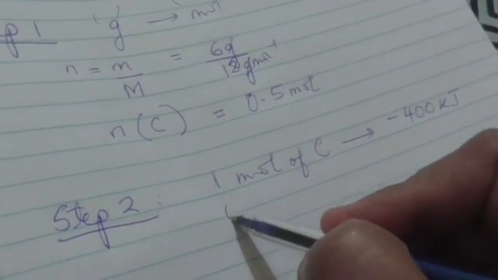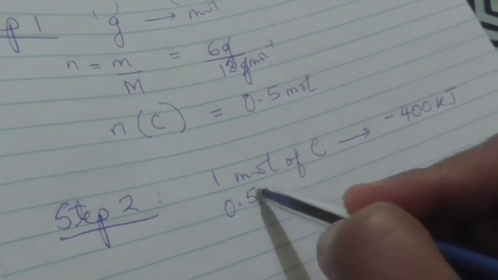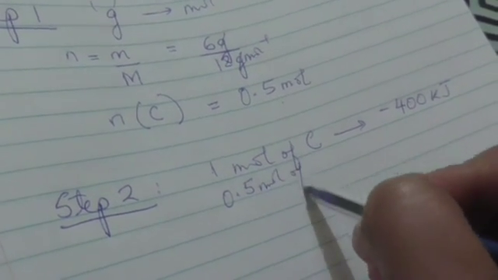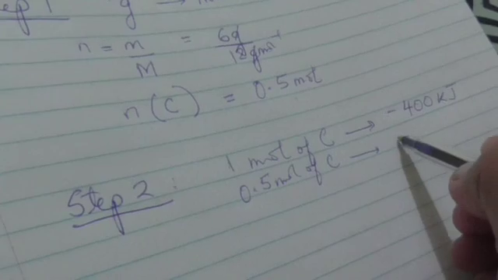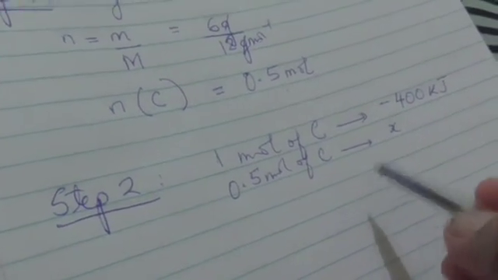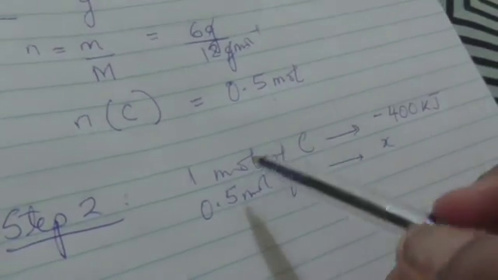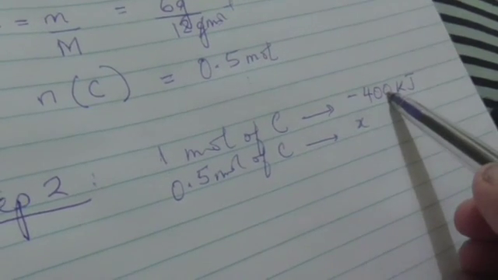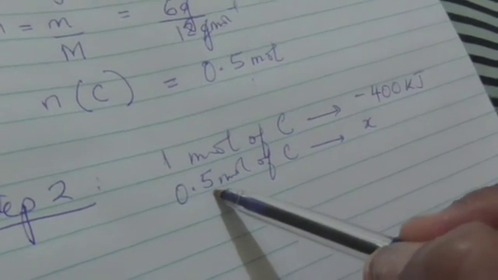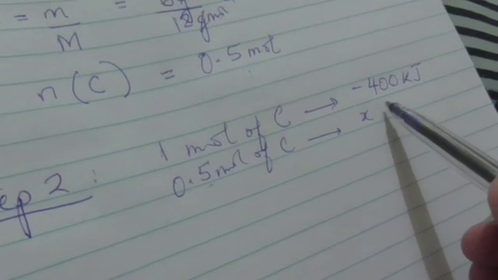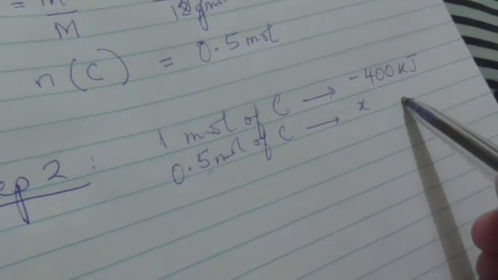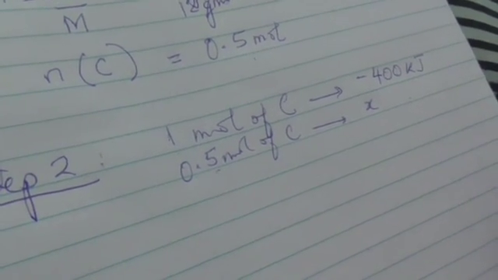So now I don't have 1 mole, I only have 0.5 mole of carbon. How much energy will it release? Now this is a pretty simple calculation. If 1 mole gives you 400, 0.5, which is half of that, will give you half the amount of energy. That would be 200 kilojoule per mole.